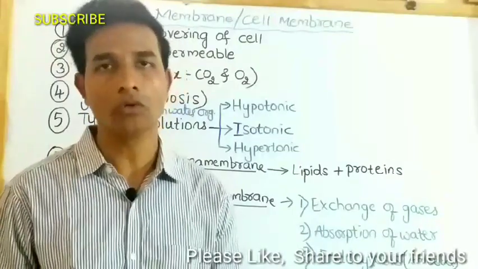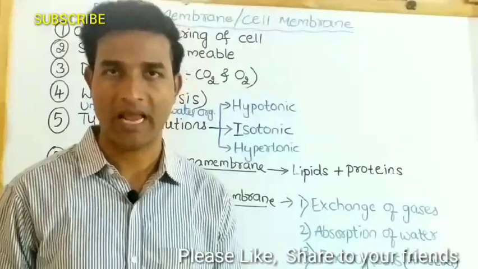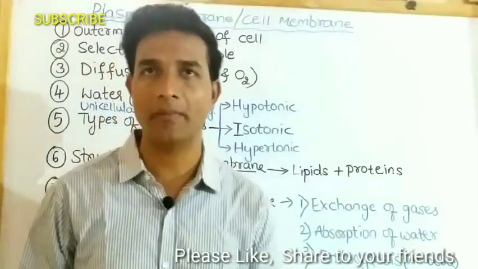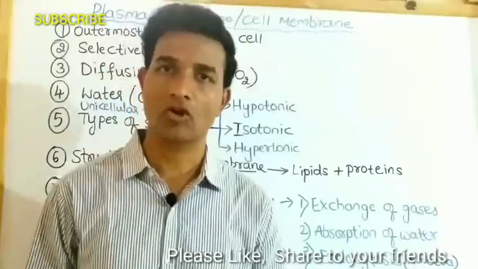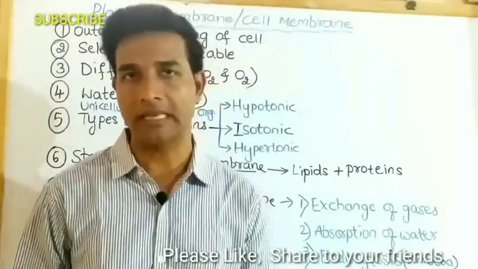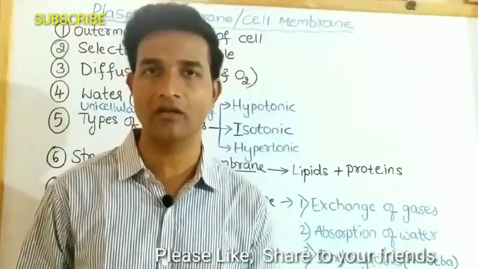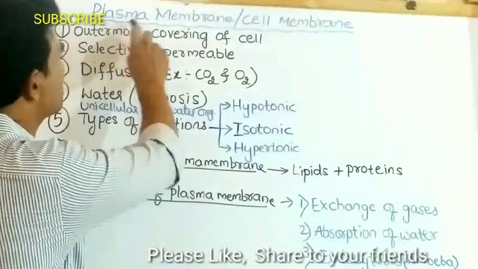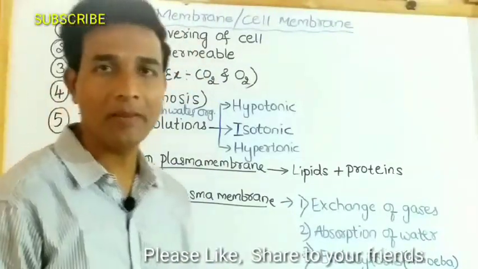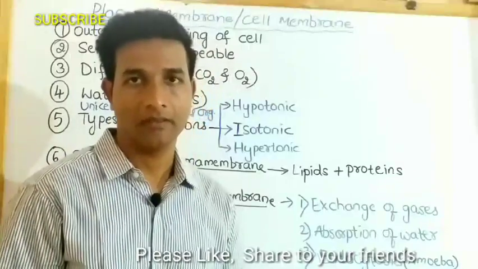Almost you can find the outermost layer, that is plasma membrane or cell membrane, as well as nucleus and cytoplasm as the common features of the cell. Let us study now the structure of plasma membrane or cell membrane.